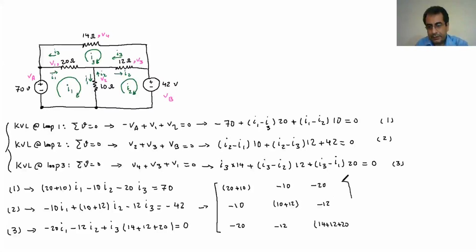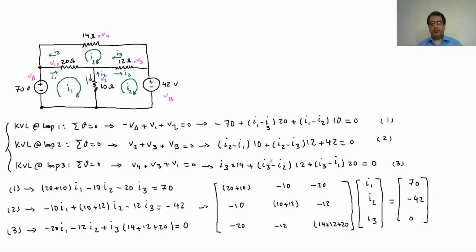So that is my coefficient matrix. Then I have the unknown values, which are going to be I1, I2, and I3. And then I have the constant values on the other side, which are going to be 70, negative 42, and 0.